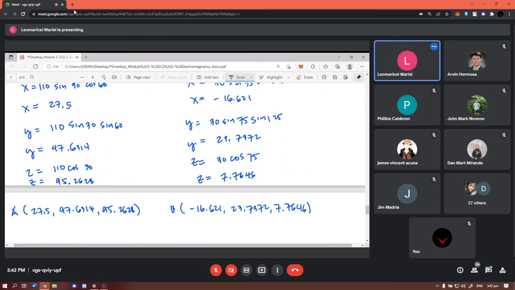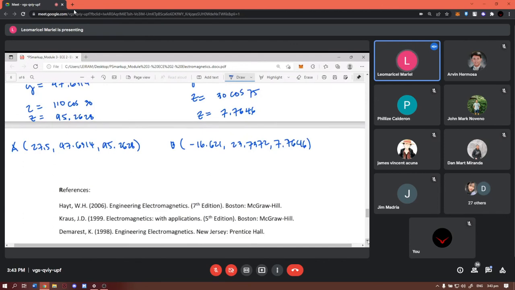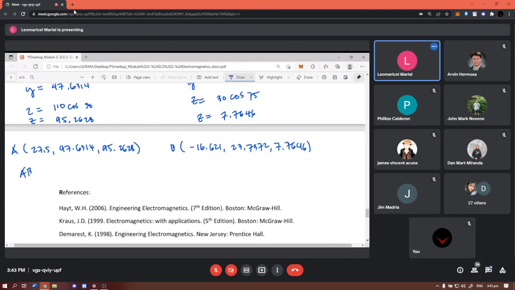Okay. Then, ang hinahanap is vector AB. Kahit kunin mo yung vector BA, ang tinatanong lang naman ay magnitude lang naman. So, kunin natin ang vector AB.